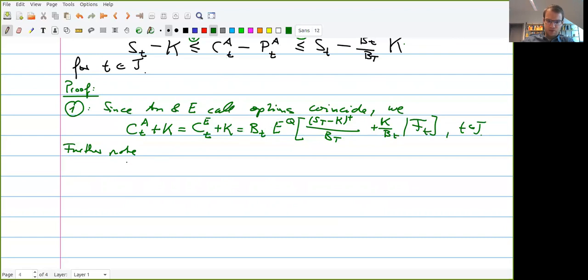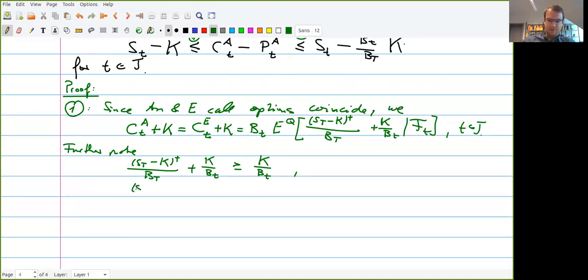Here we know two things. The first one: I look at P_T plus K B_T. This is the random variable inside my conditional expectation. Well, I can estimate it from below by K B_T, because this summand is positive, so I can just forget it and estimate from below.